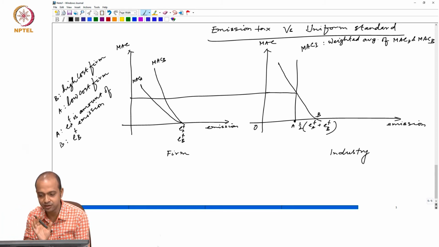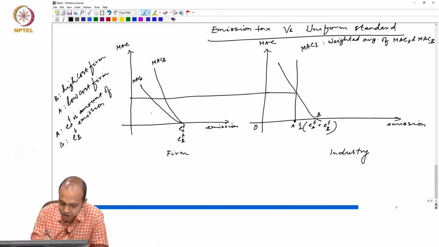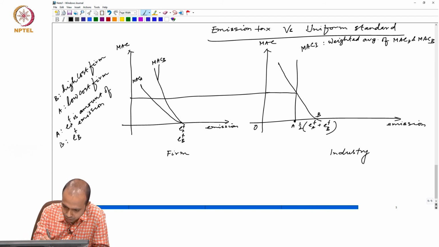the industry level. The regulator is now, let us say, imposing a uniform standard which is given by E bar.